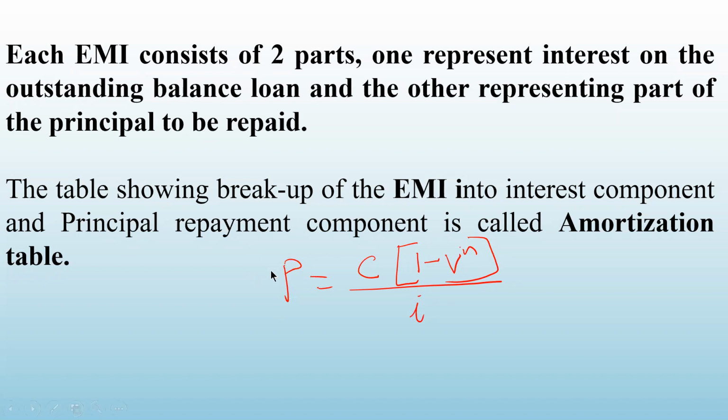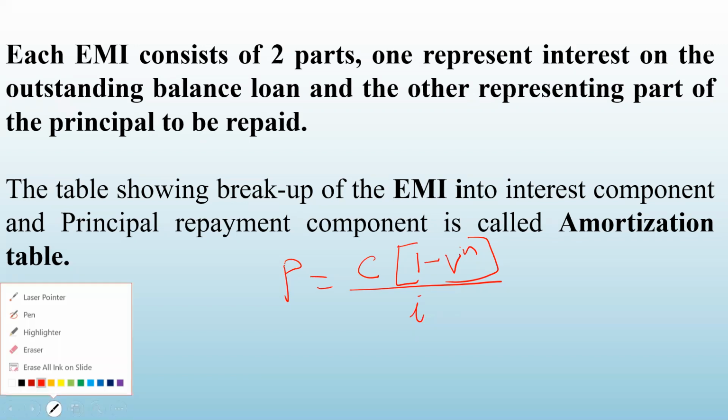So in this, P will be the amount of loan and C will be the value of each installment, that is EMI. Now, whenever you pay EMI, that EMI consists of two parts. What are the two parts of EMI?